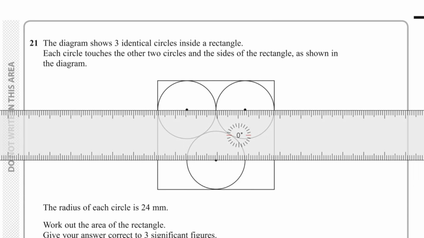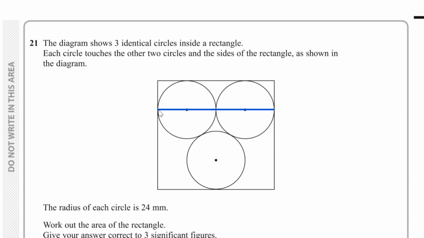If here we've got 24, then here we've got, if I just mark all these on, we've got 24 over here, and then we've got another 24 here, so we've got 48 plus another 48, which is 96. So we have 24s going across over here.